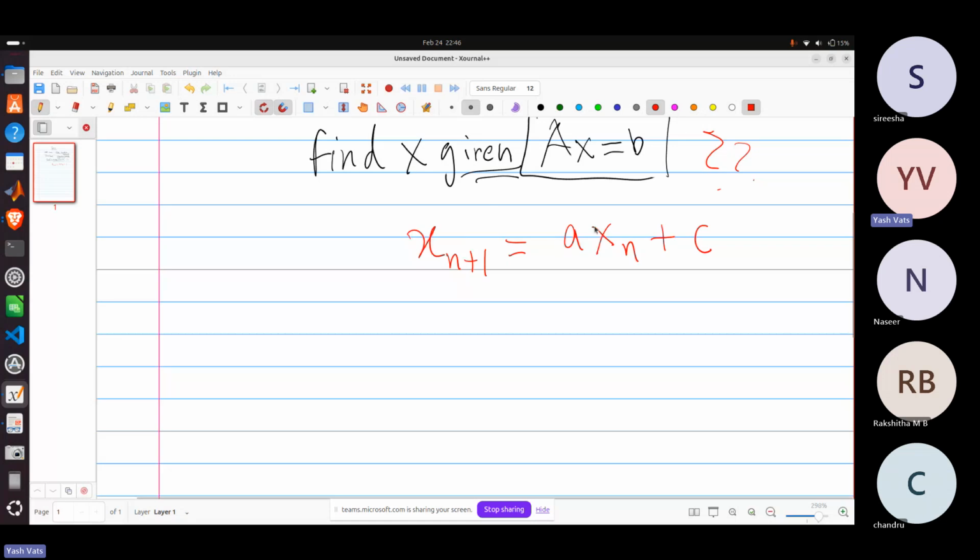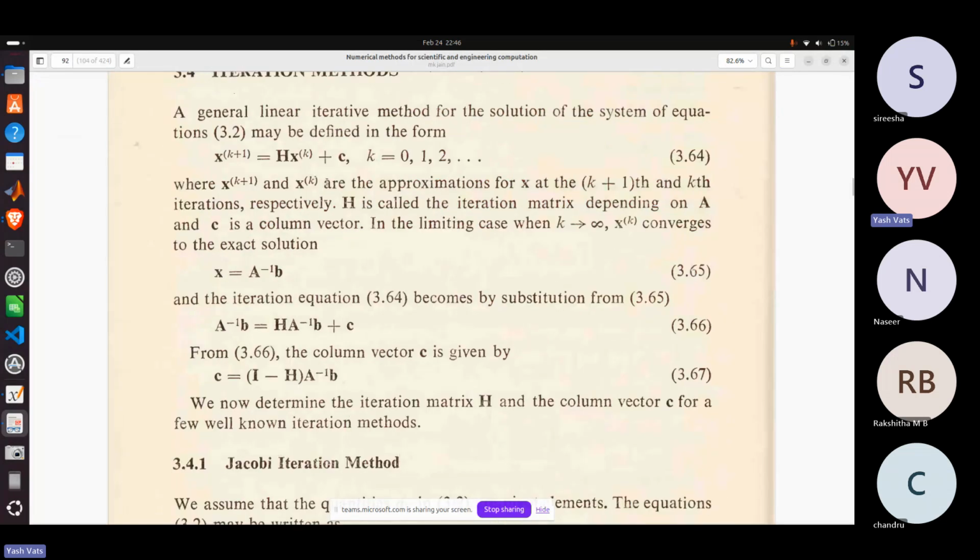You update. Suppose you are given the value at x_0, which is 1, then you can easily find x_1, and then x_2, x_3, and so on. So given the value x_0, you can find x_1, x_2, and so on. That is called an iterative method. In this case also you need to write something like this, and then you try to say that your x_k converges to the exact solution x, which is A inverse b.